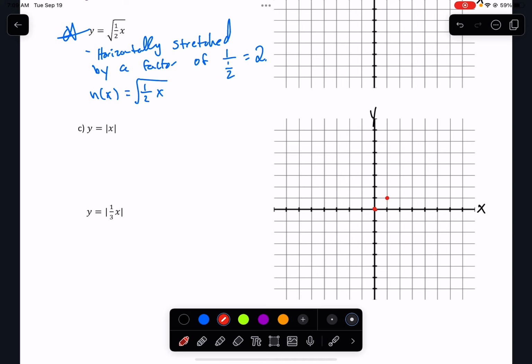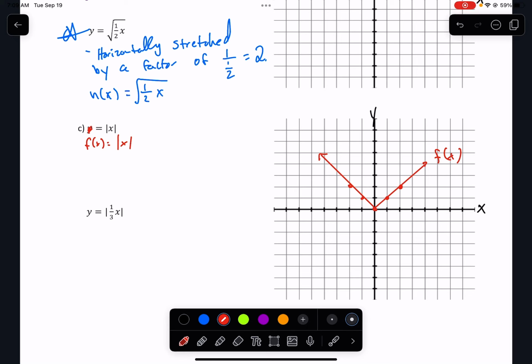Well, like this. It just simply states every input you input into there, positive or negative, yields a positive output. Okay, so there's your graph of f of x. And then what are we doing here?